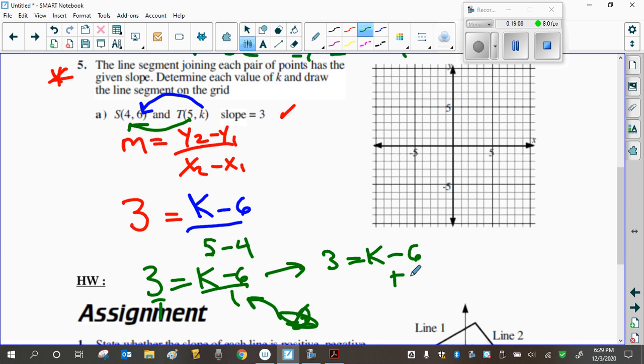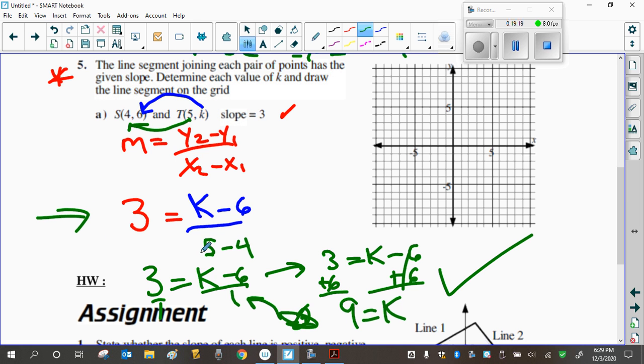In this case, this is the easiest type of solve an equation. You do the opposite of subtract 6, which is add 6, and we get full marks. K equals 9. You definitely want this setup. This step is worth marks. Yum, yum. Okay, so you have to know how to start this question, and I'm sure you have one for homework.